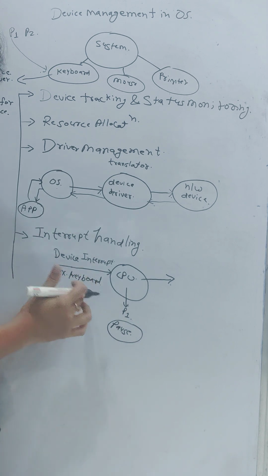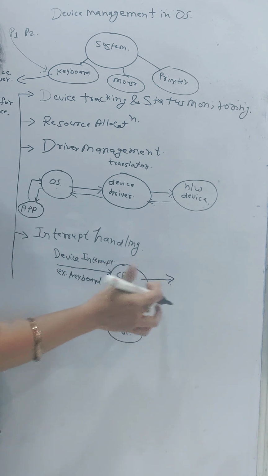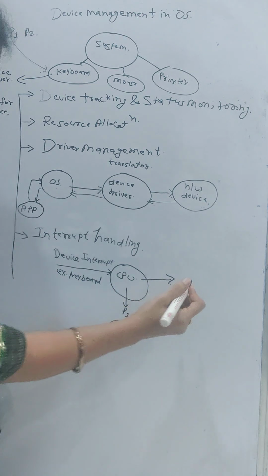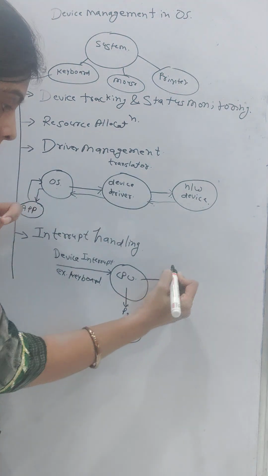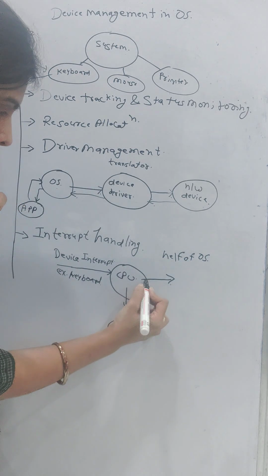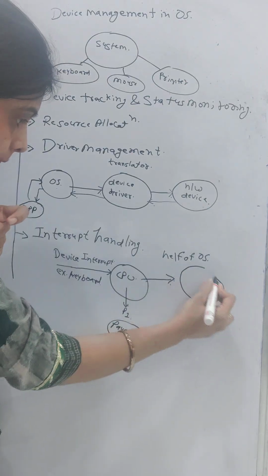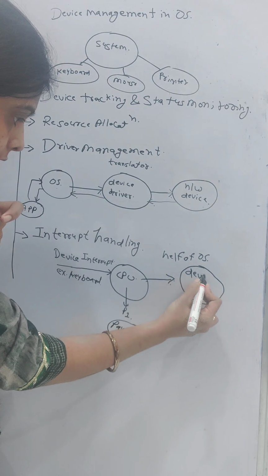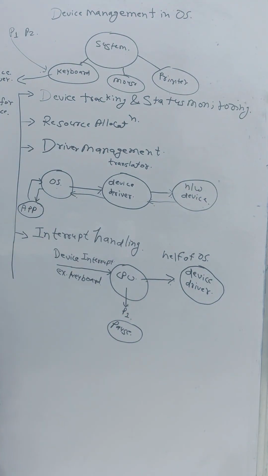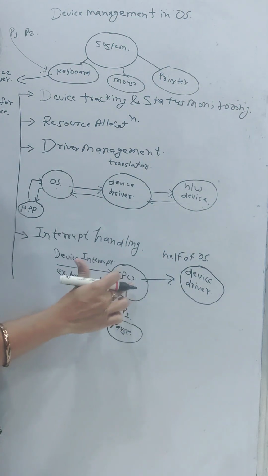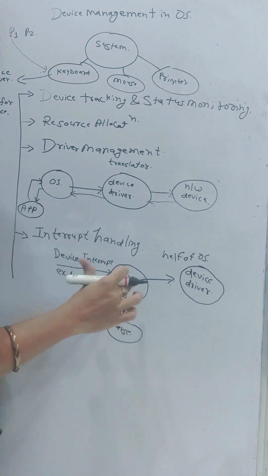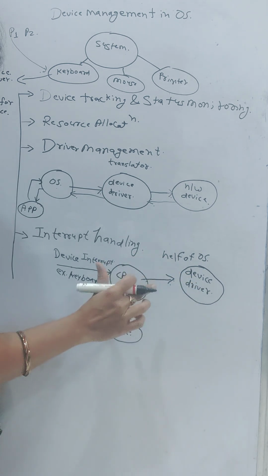Suppose it is from the keyboard, so the operating system will understand that we are getting an interrupt from the keyboard device, and with the help of the operating system, the CPU will point to the appropriate device driver.